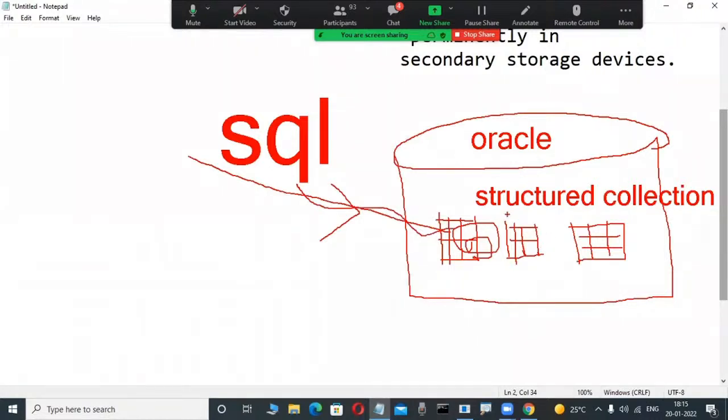But MongoDB and those types of databases are different. SQL is not there. There is no SQL; it is JavaScript and those types of languages. SQL is a separate language. Through that we operate on data in these types of databases.